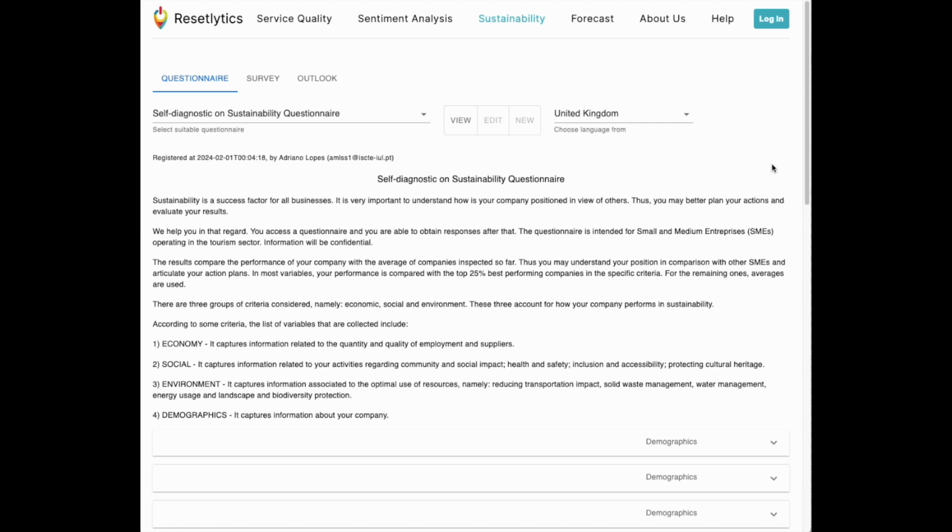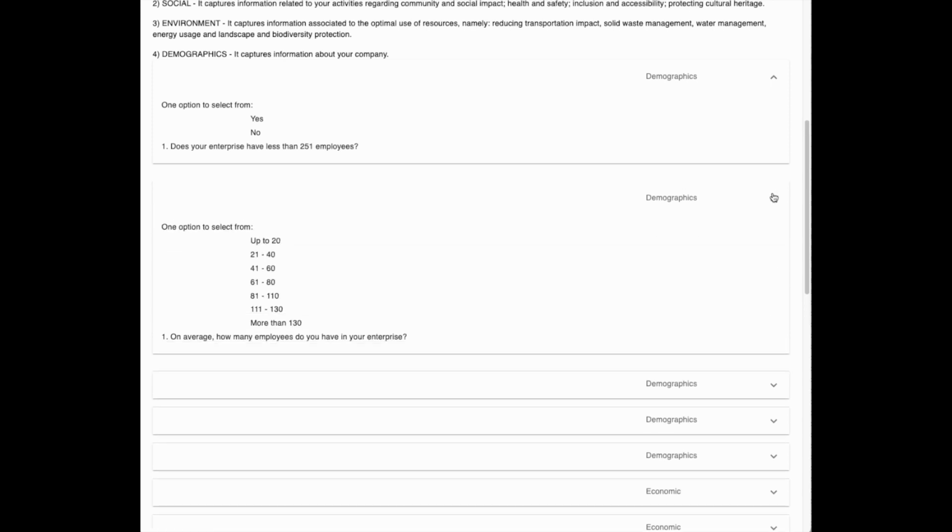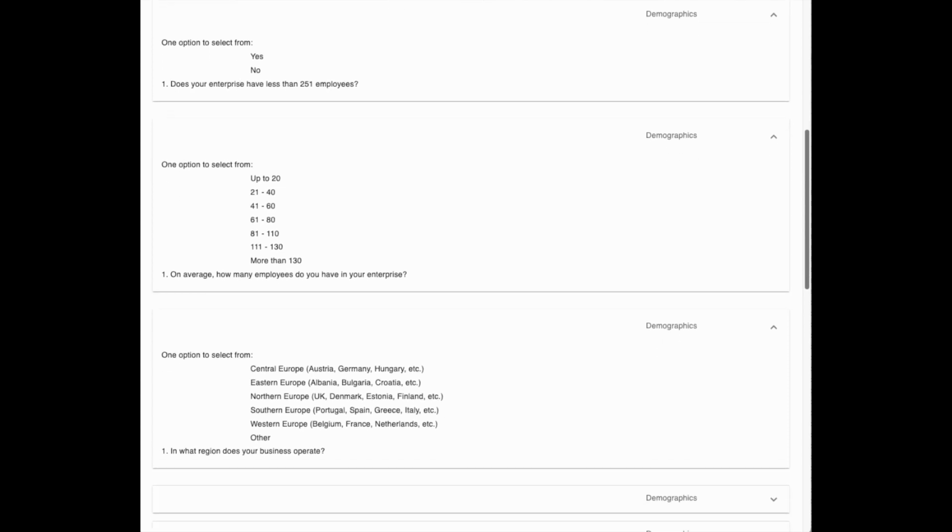This questionnaire was also elaborated based on research and on literature review of previous studies. And they will have a group of variables to fill in according to their practices. That's basically what we are collecting here.